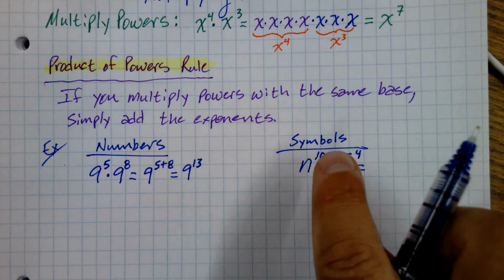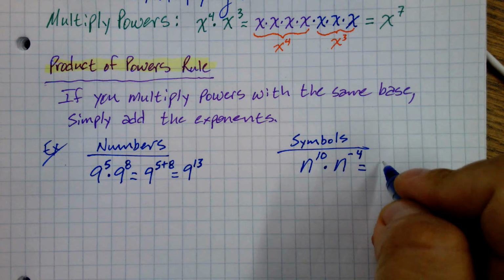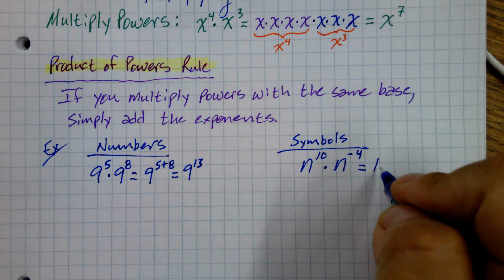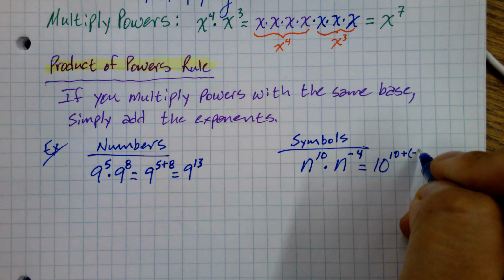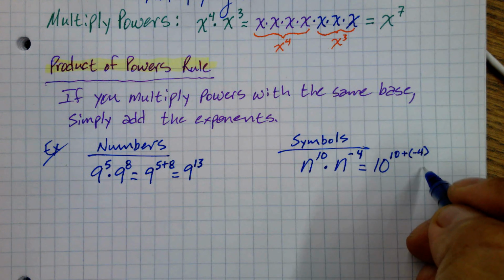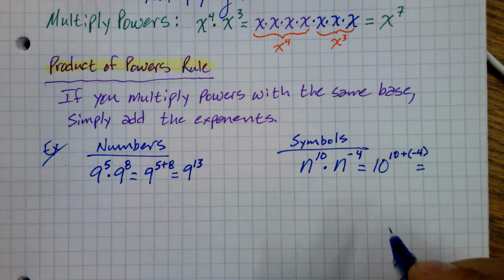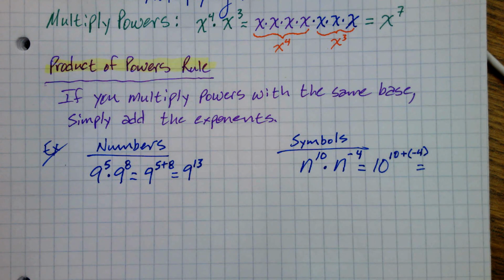What am I going to do with the 10 and the negative 4? I'm going to write it this way: 10 plus negative 4, which is really 10 minus 4. And what's 10 plus negative 4? 6. I'm sorry, n, not 10.